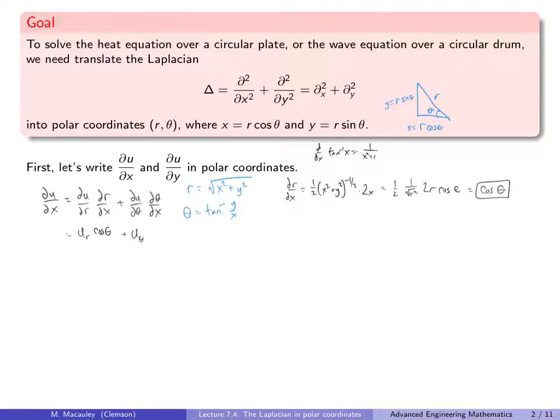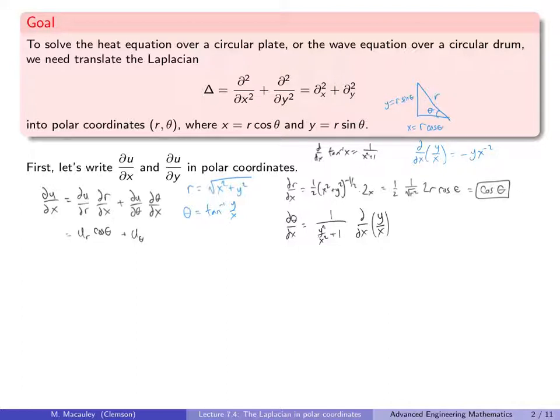So the derivative of the inverse tangent of y over x, that's d theta dx, is 1 over (y squared over x squared plus 1) times the derivative of y over x. With respect to x, the derivative of y over x is negative y x to the minus 2.